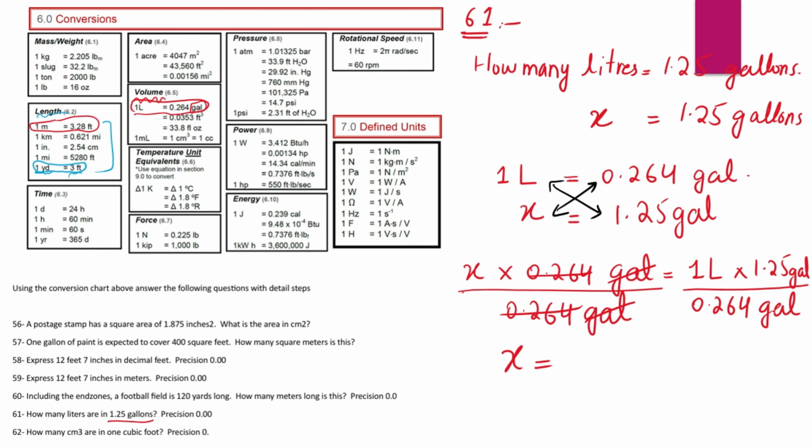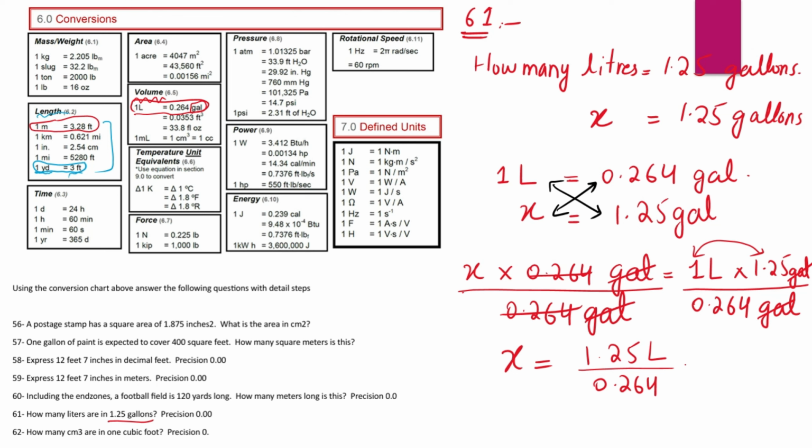Cancel the gallons first, then do the multiplication. 1 multiplied by 1.25 is simply 1.25, and we write L for liters, divided by 0.264 in the denominator. Can I write gallon in the denominator? No, because it is already cancelled.